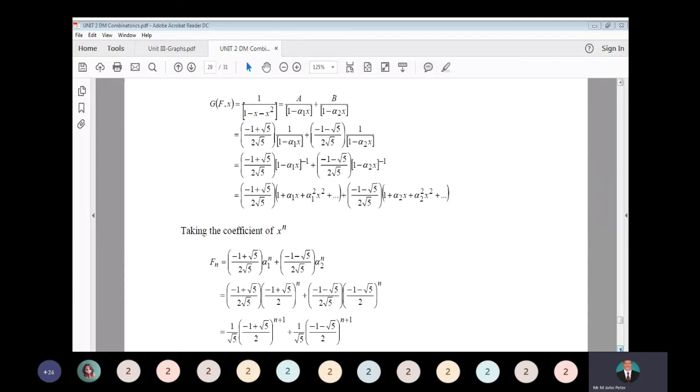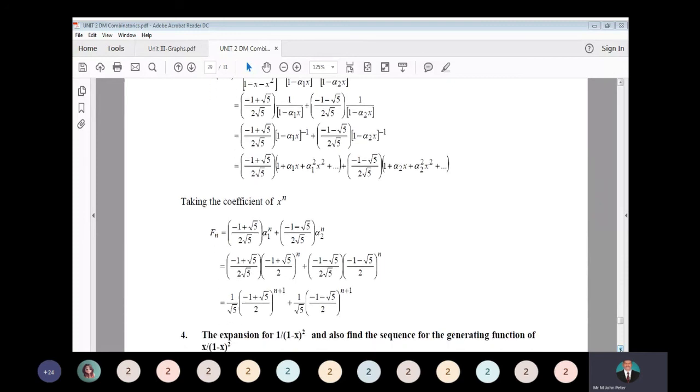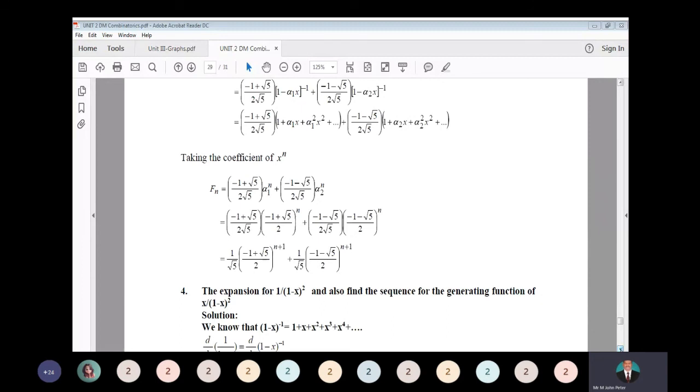Like that it will go on. Taking both expansion series, the coefficient of the nth term, you will get f of n is equal to 1 by root 5 into (minus 1 plus root 5 divided by 2) power n plus 1, plus 1 by root 5 into (minus 1 minus root 5 by 2) power n plus 1.